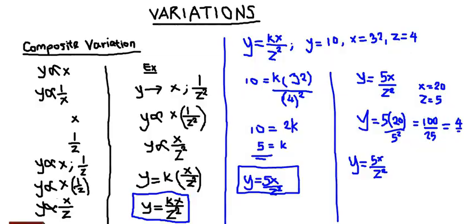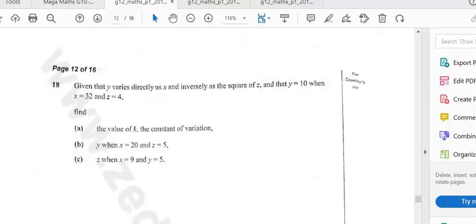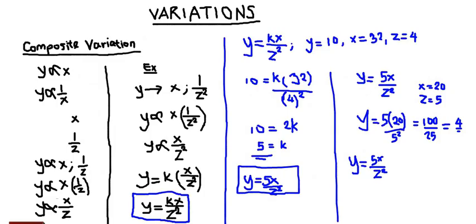Now we want to find z when x is 9 and y is 5, which means where there is y, we're going to put 5 equals 5. Where there is x, we put 9.